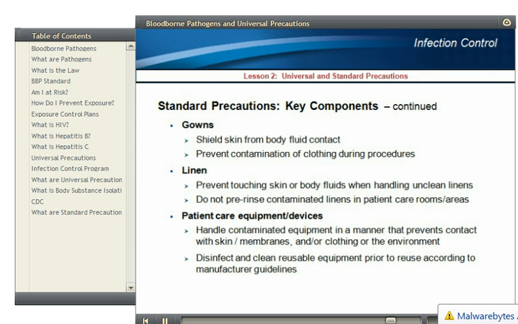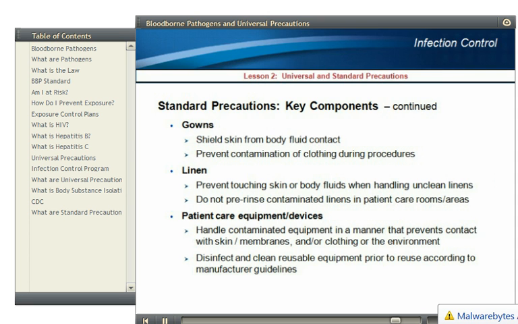Standard precautions. Key components continued. Gowns: shield skin from body fluid contact. Prevent contamination of clothing during procedures. Linen: prevent touching skin or body fluids when handling unclean linens. Do not pre-rinse contaminated linens in patient care rooms or areas.